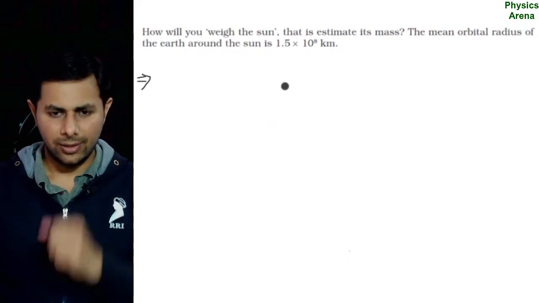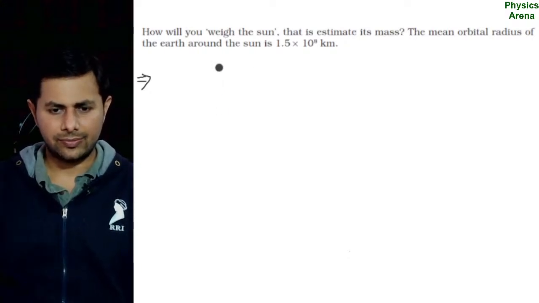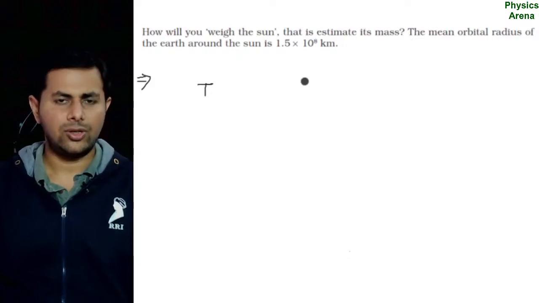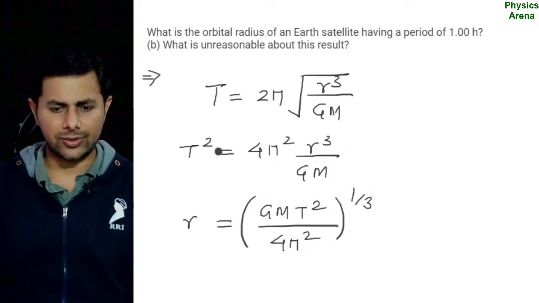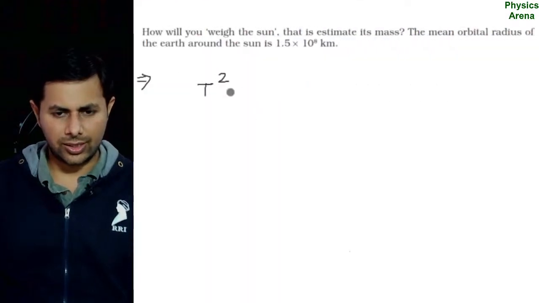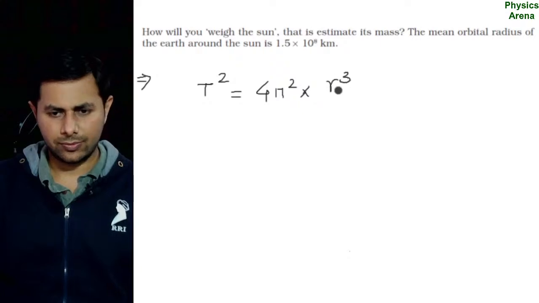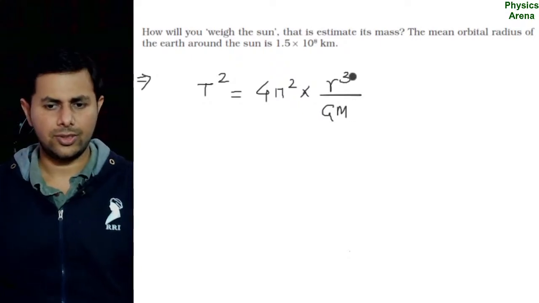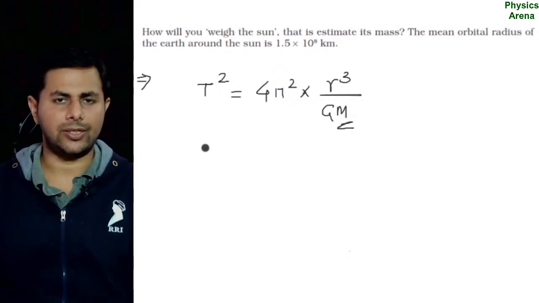All right. So once again, we can use the same formula, T equals 2 pi square root of r cube over GM, and we have taken its square also. So T square is 4 pi square multiplied by r cube over GM. So you want to find the mass of the Sun.